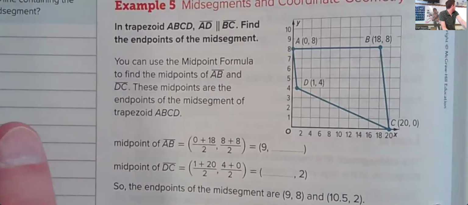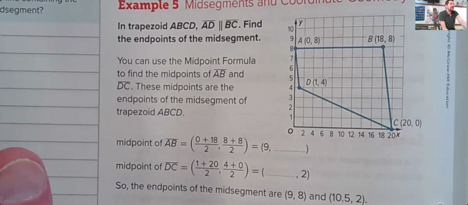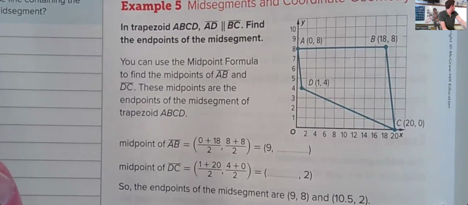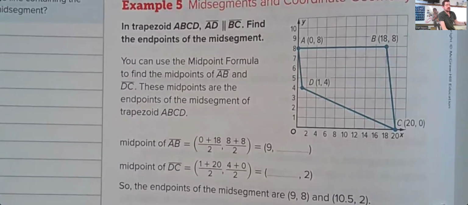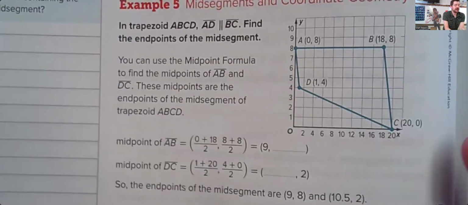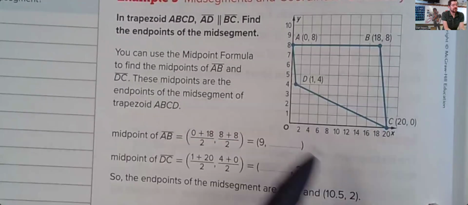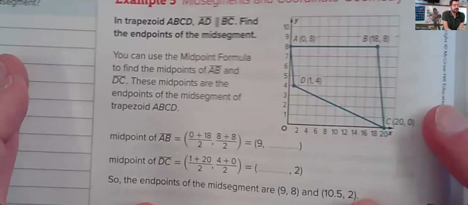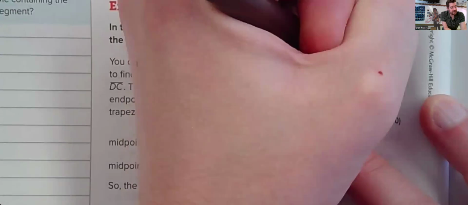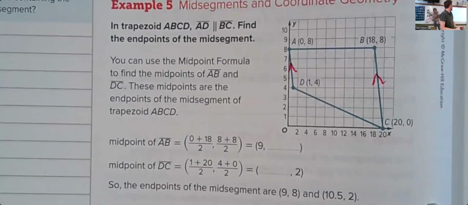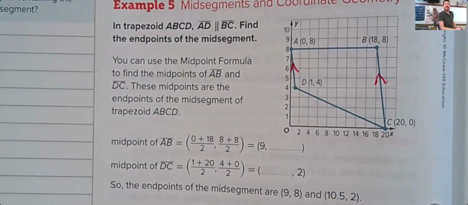So first of all, we need to know which two sides are parallel and which ones are not. Which ones are parallel here? What two sides are parallel in this trapezoid? AD and BC are parallel. Good. So the mid-segment connects the two sides that are not parallel.